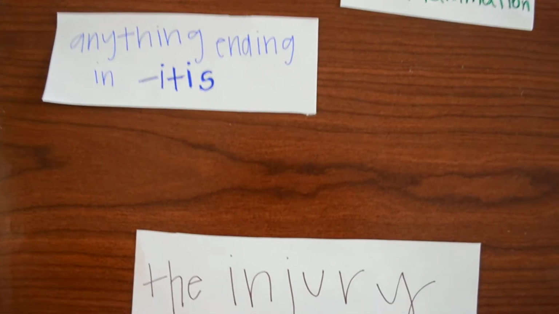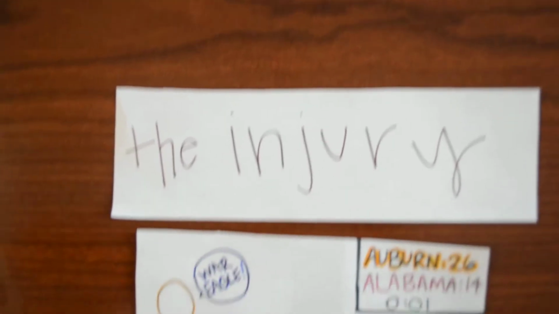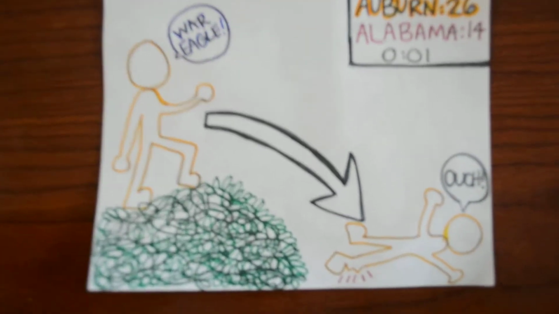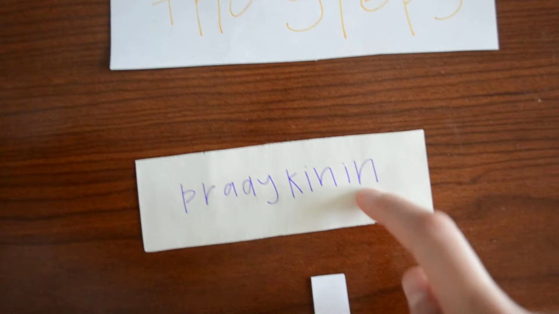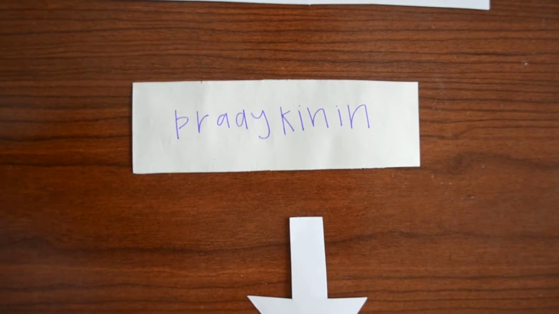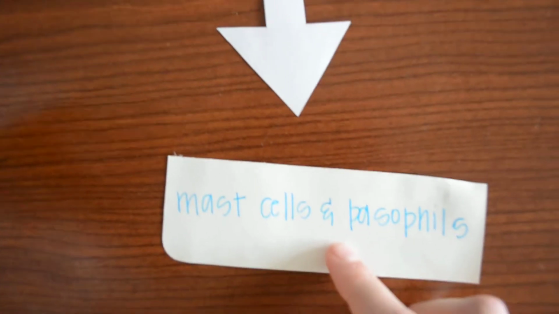So basically what will happen is that you will have an injury, such as jumping over the bushes at the Iron Bowl to get onto the field and you break an ankle. So, upon breaking an ankle, the injured cells release bradykinins, which then stimulate pain receptors, and those call in mast cells and basophils.